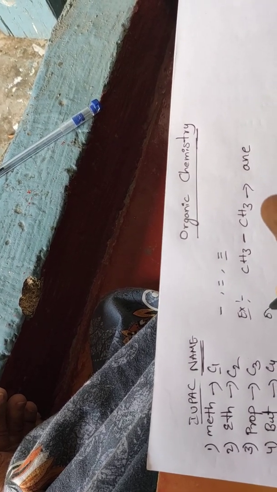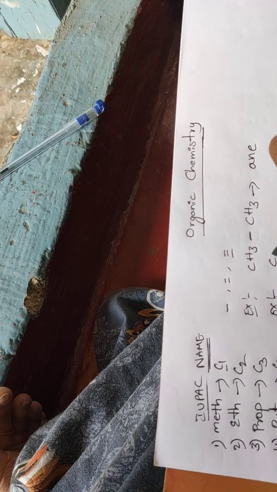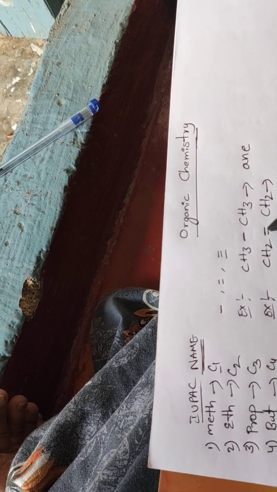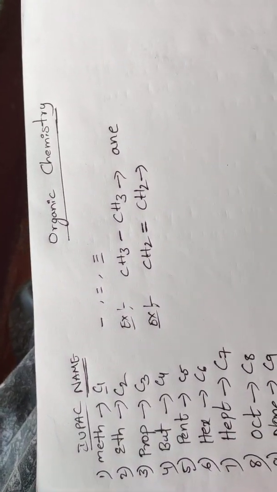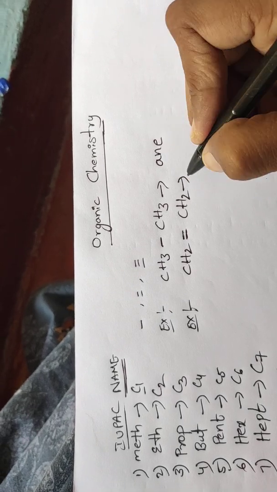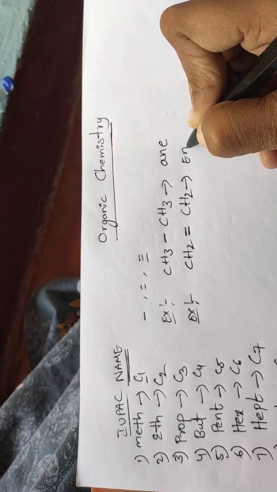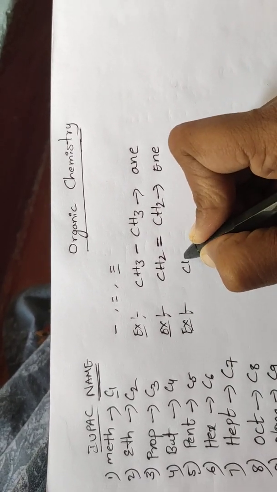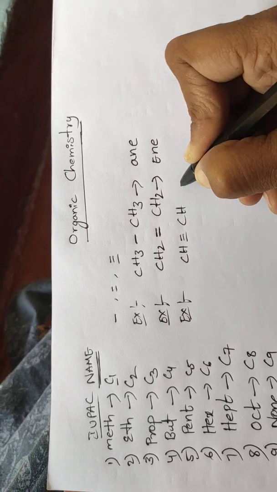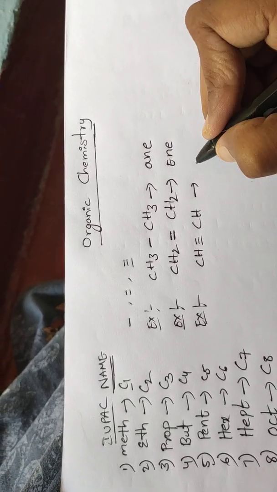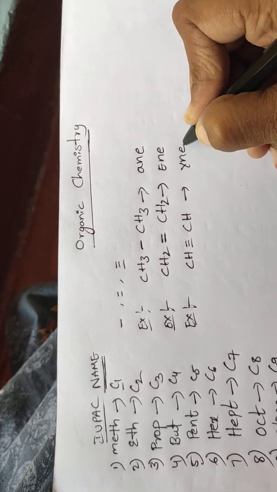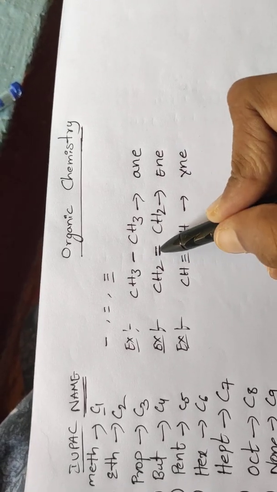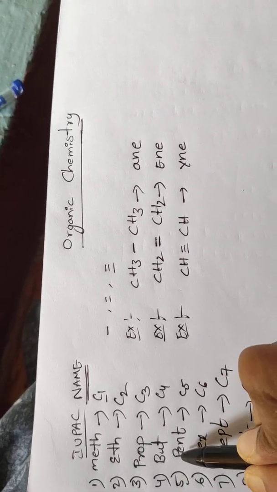Next, second one, if you take CH2 double bond CH2, here a double bond is there, so you'll call it ene. Next, third one, for example CH triple bond CH, we'll call that ine.